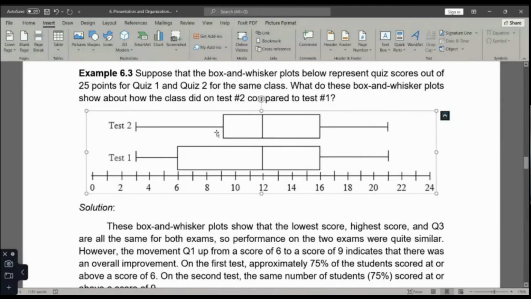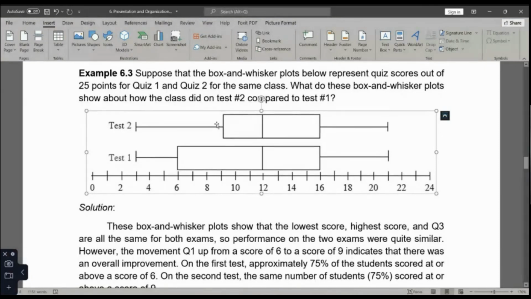Okay? So, same proportion lang yung tinitignan natin, no? Pero, tumaas yung, kumbaga, tumaas yung point natin sa first quartile.